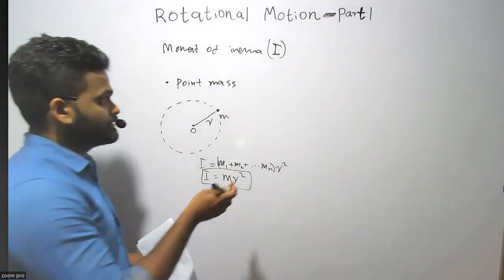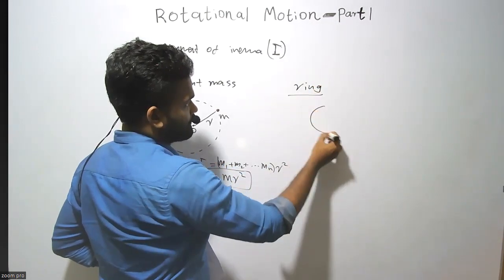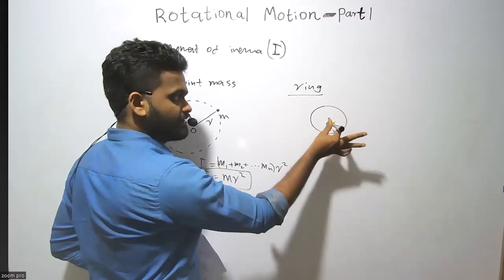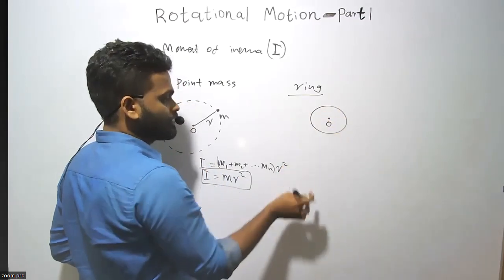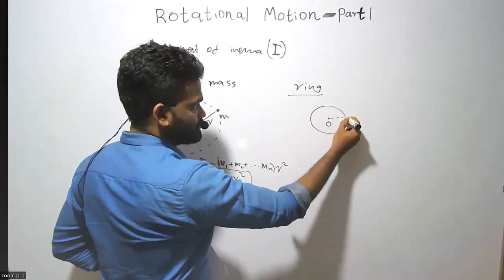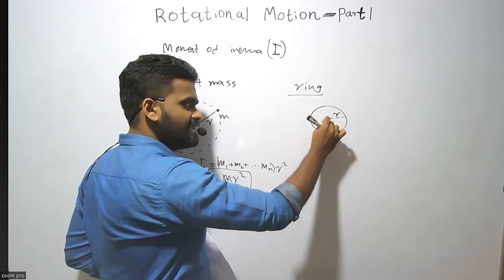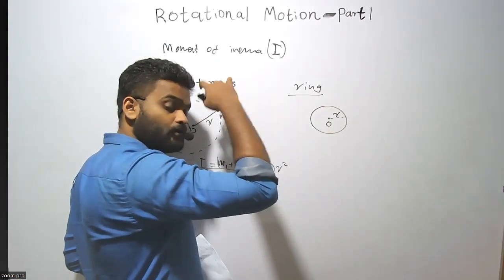Let's say another one. Let's say a ring. The rotational axis goes through here. So you have a ring. For the ring as well, all the mass of this ring is at a distance r. So what should be the equation when you add all those?